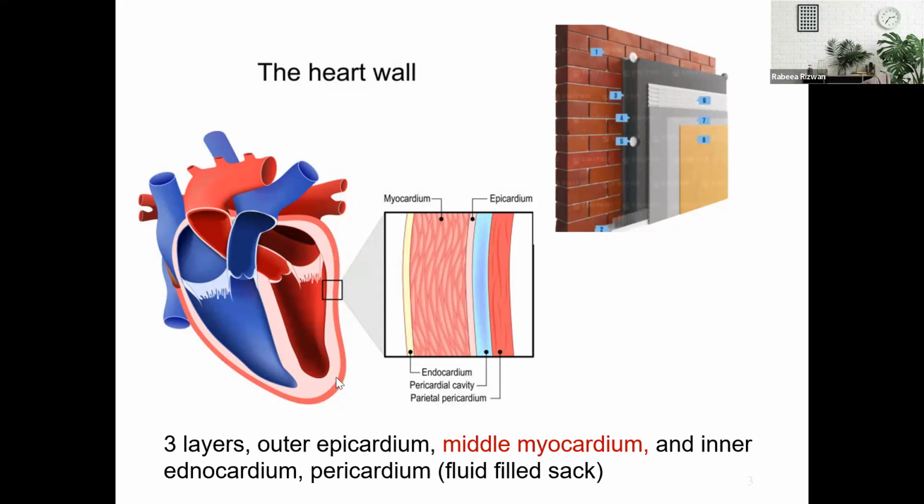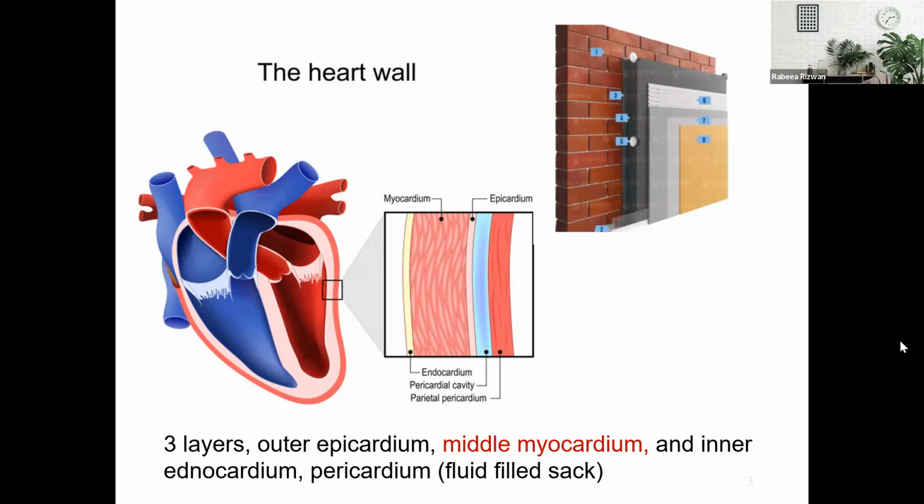The heart is conical in shape, and from outside it appears composed of one layer. But when we go into detail, microscopically and by dissecting it longitudinally, it is actually composed of three layers, named the outer epicardium. Then the middle is the myocardium.